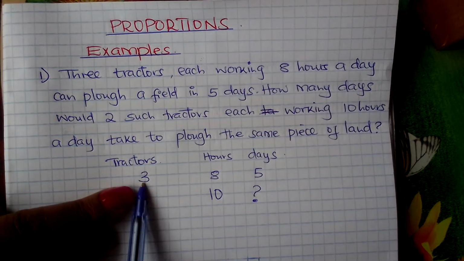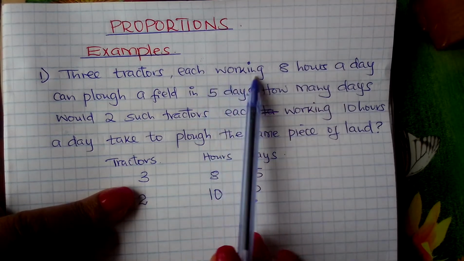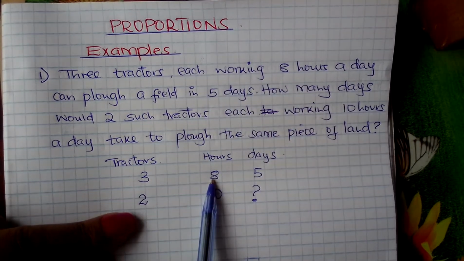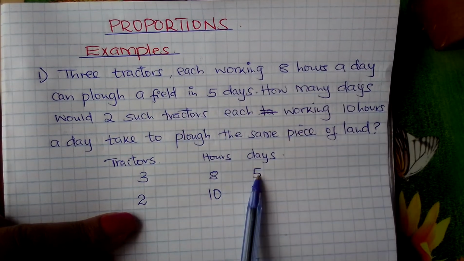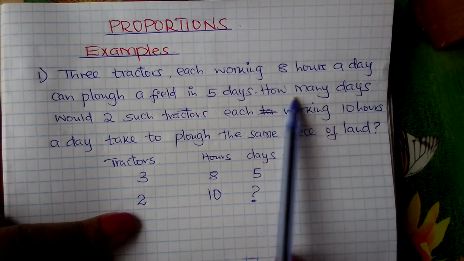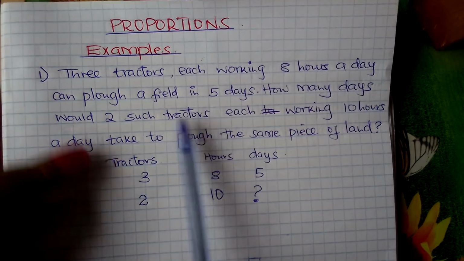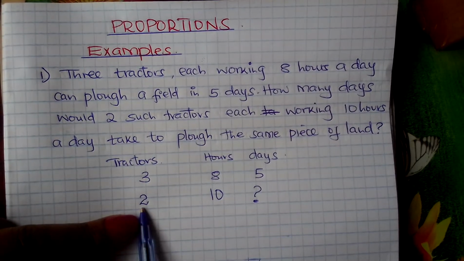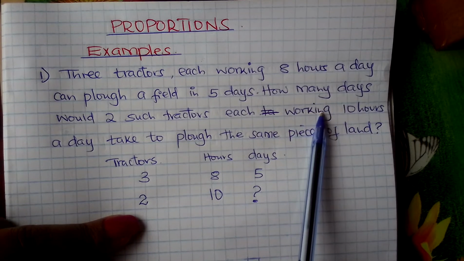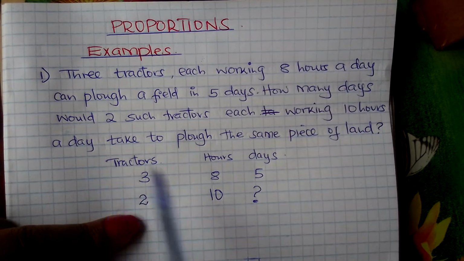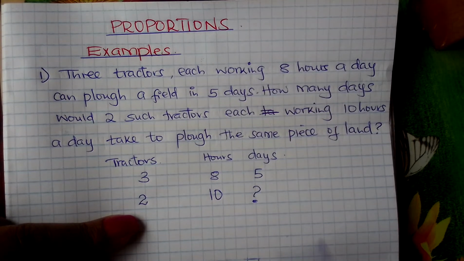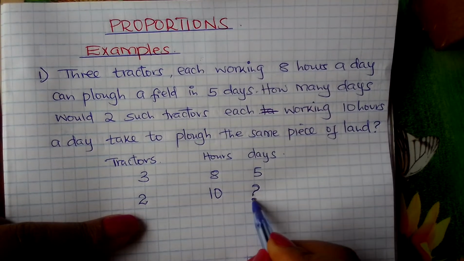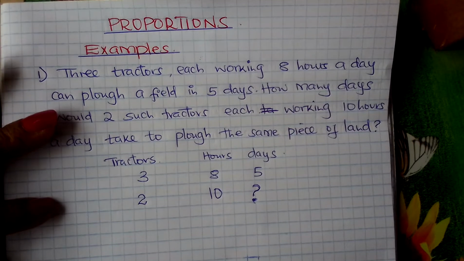You put your 3 there. Each taking 8 hours, you fix your 8 there. A day can plow a field in 5 days. You put your 5 there. How many days would 2 such tractors, you put your 2 there, each working 10 hours a day, fix your 10 there, take to plow a piece of land? So how many days? You put a question mark.